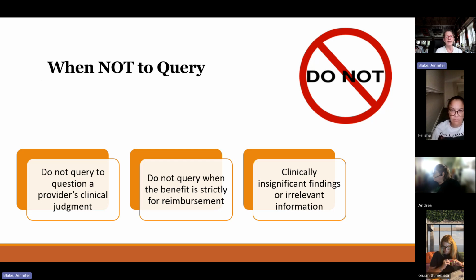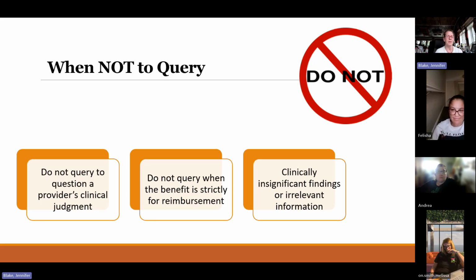When should we not query? I can tell you that healthcare providers can sometimes become very protective of their work. And we never, never, never want them to feel like we're questioning their judgment, right? So we never want to query them and say, hey, you diagnosed Mrs. Smith with pneumonia. Are you sure you didn't mean this?